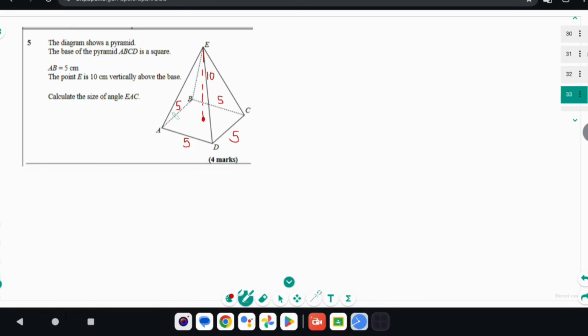So I'm going to go from E to A to C. Hopefully you can see that right angle triangle there. And this is the angle we want. So what information do we have?